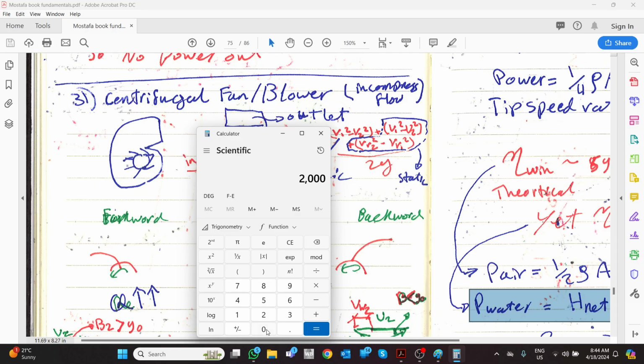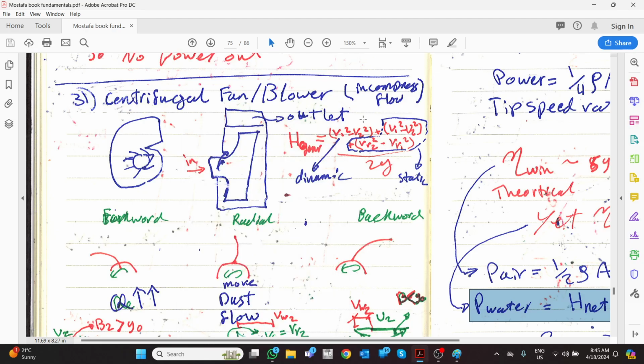So 2000 Pascal divided by 10 to the power 5, multiplied by 100. You are compressing the air less than, yeah, the maximum is 2%. So imagine you make a compressible flow assumption for 2%. It is nothing. So you can assume it is incompressible flow. By the way, assume it is an ideal gas, incompressible flow, and that's it.